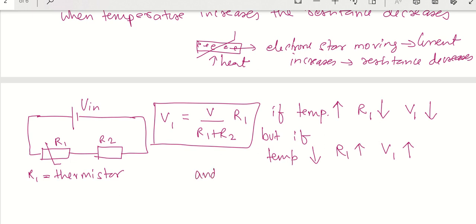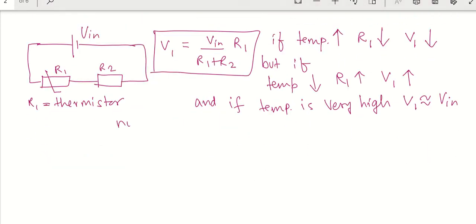And if temperature is very high, then what happens is, this is your input, so your V1 almost becomes equal to V input, which means no current flows, no potential difference across R2.